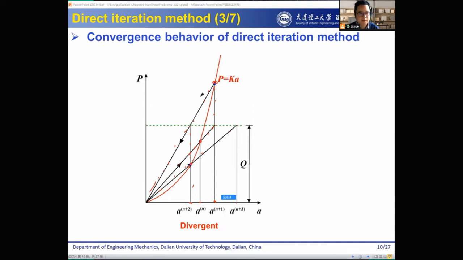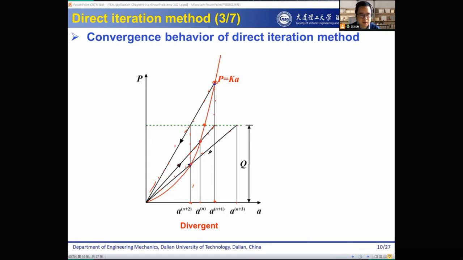So we can say it's hard to converge to the true value. The true value is here. For this case, if we use the direct iteration method, we cannot converge to the true value. Therefore, in this case, we cannot solve the nonlinear equations.